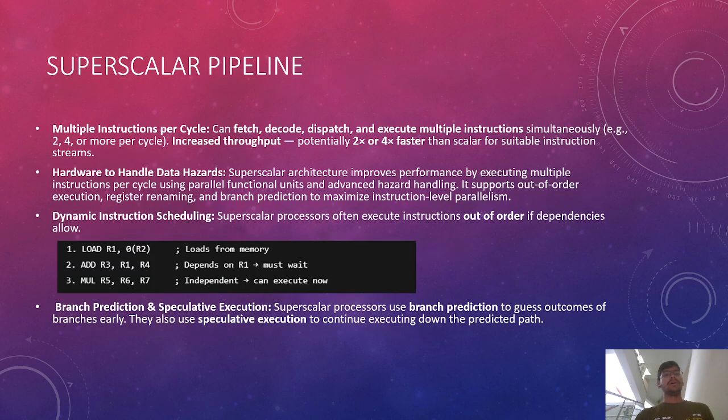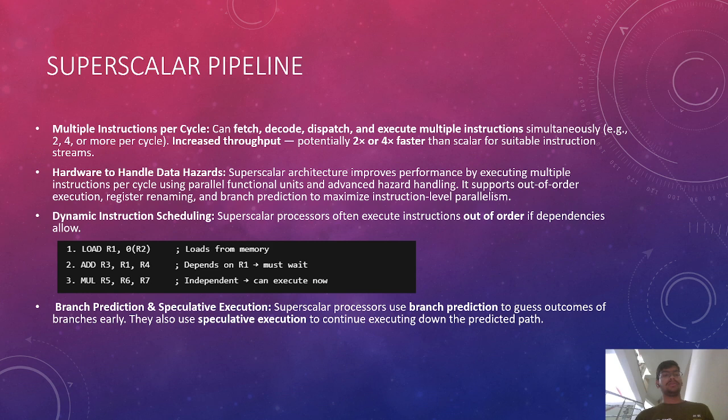Now, how superscalar pipelines can help us to overcome the limitations produced by scalar pipelines. In a superscalar pipeline, we can fetch, decode, dispatch, and execute multiple instructions simultaneously. It will increase the throughput potentially by 2x or 4x compared to scalar for suitable instructions.